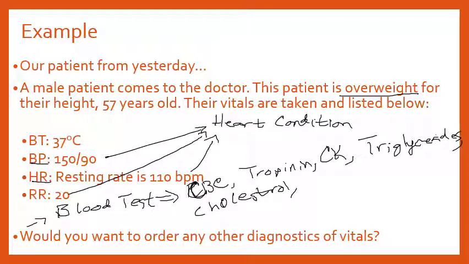Maybe you even want to look for something like the platelets, because maybe if their blood is clotting, maybe that'll be something that you want to deal with if they're having issues with their heart. You don't want to have any things like strokes pop up. So those can be all things that you really go for.